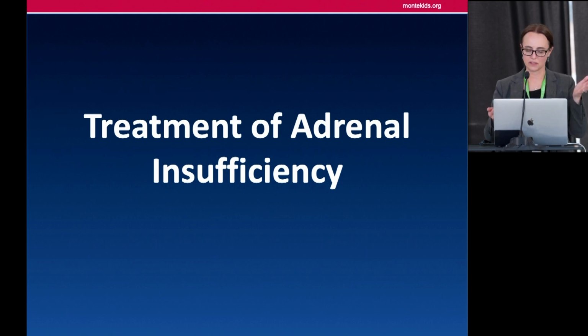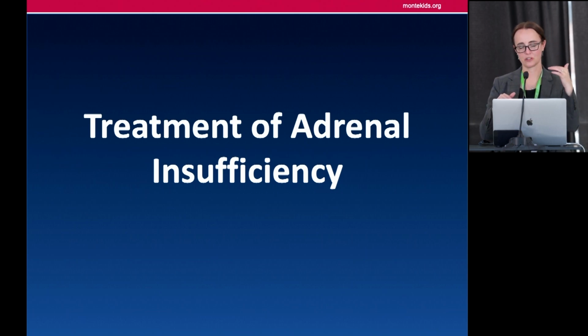And even the publication that I just showed you, when I spoke to the authors of that publication, they said one of the children seems like they're going into that normalized levels and not needing hydrocortisone, at least right now. So it's difficult to define adrenal insufficiency in a lot of these cases.